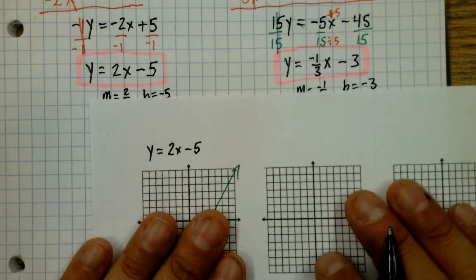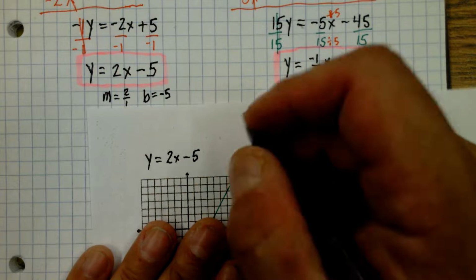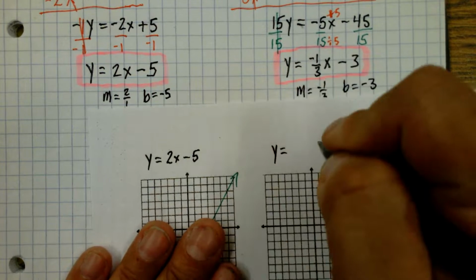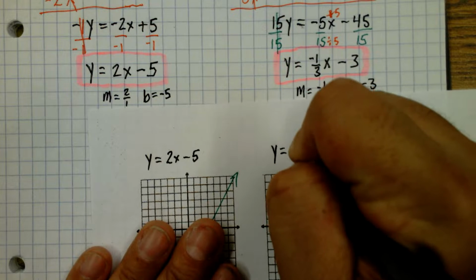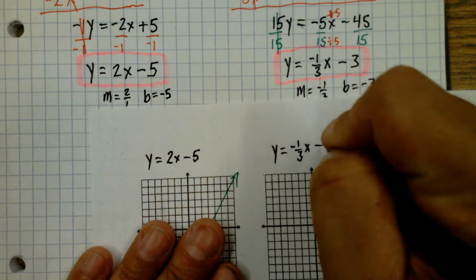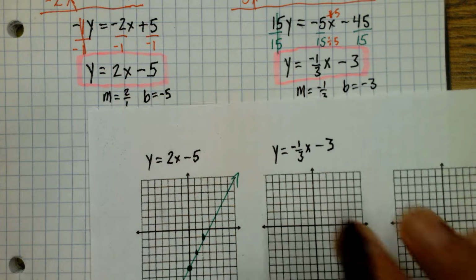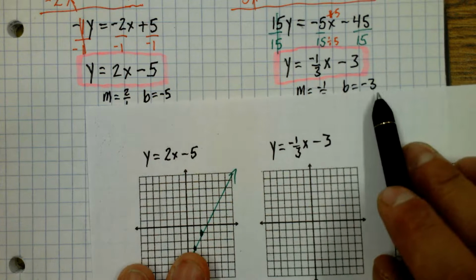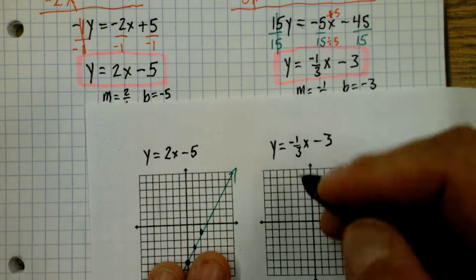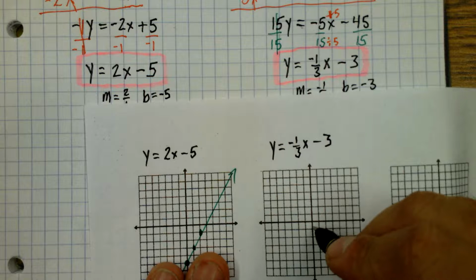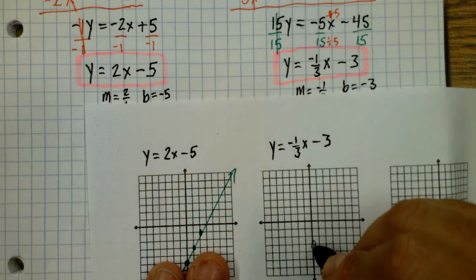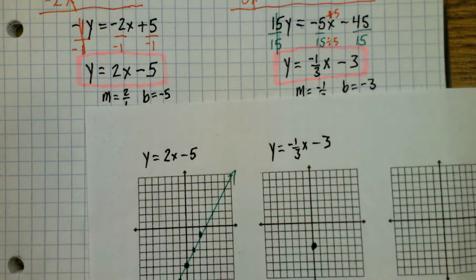So let's graph this one. We're going to call it y equals negative 1/3 x minus 3. Okay. So we know where we're going to start at negative 3 on the y-axis. So let's look for negative 3 right there.